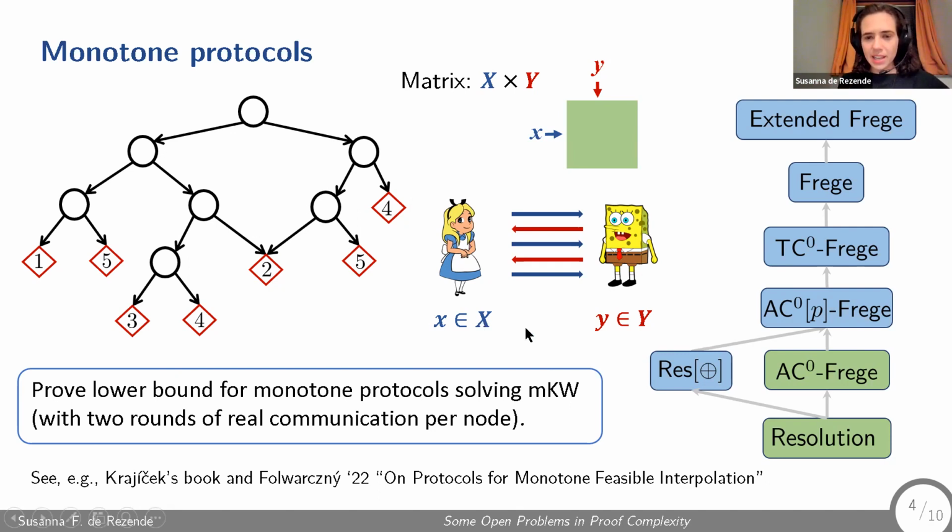We know how to prove lower bounds if we only allow 1 round of real communication per node, and this gives lower bounds for example for the cutting planes proof system. But if we allow 2 rounds, we can't prove lower bounds. And if we could, we would get lower bounds for the Res(parity) proof system.